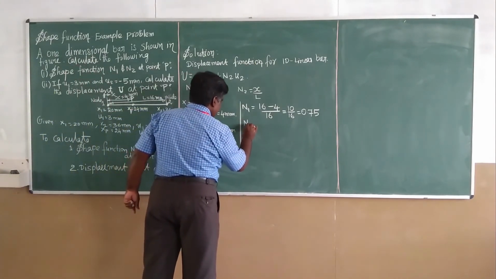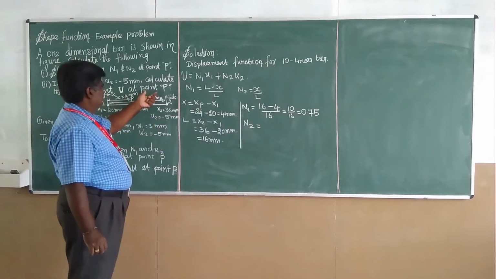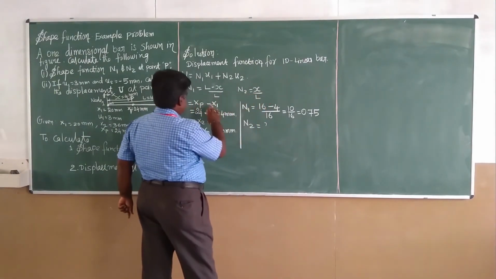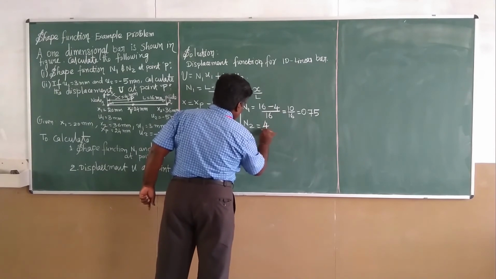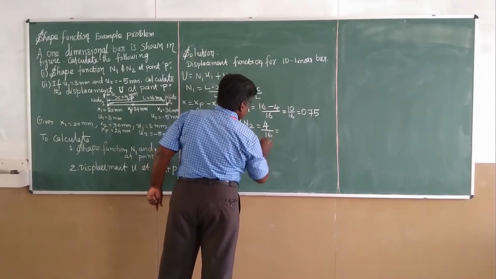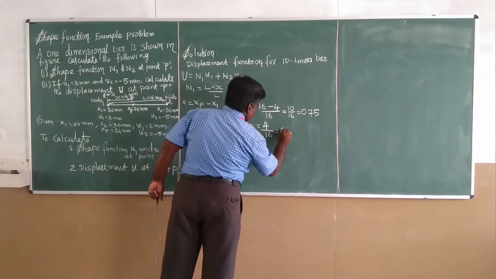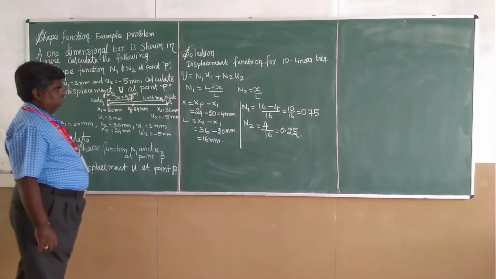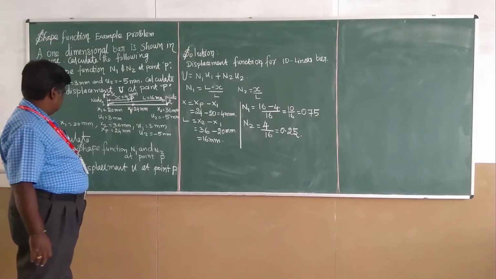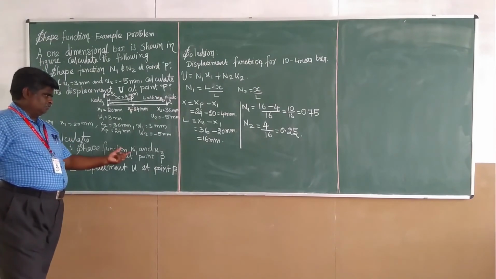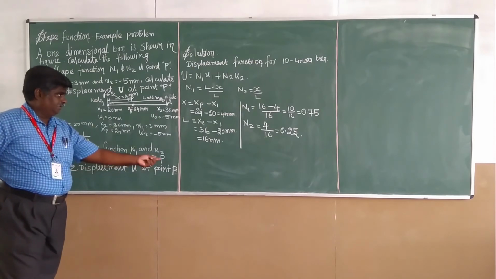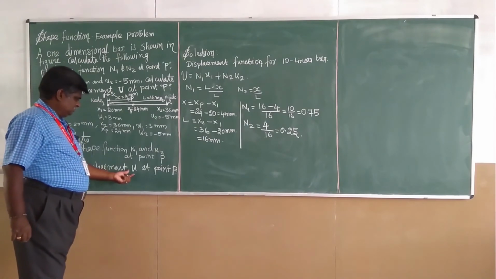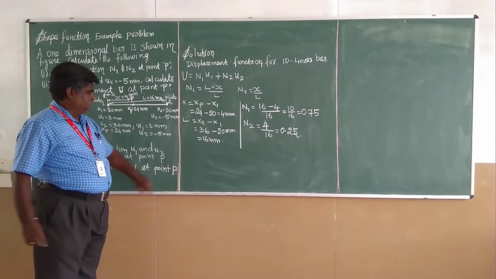Next, the shape function at nodal point 2: N2 is x divided by L. x is 4 divided by L is 16. So 4 divided by 16 is 0.25. So we have calculated the shape functions N1, N2 at point P. Next we have to calculate the displacement function u at point P.